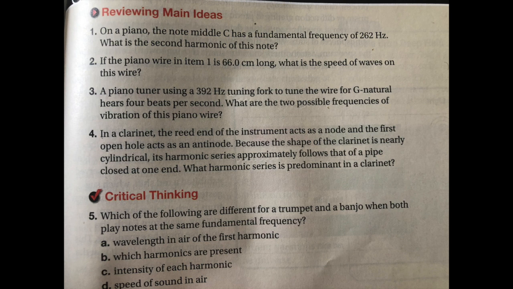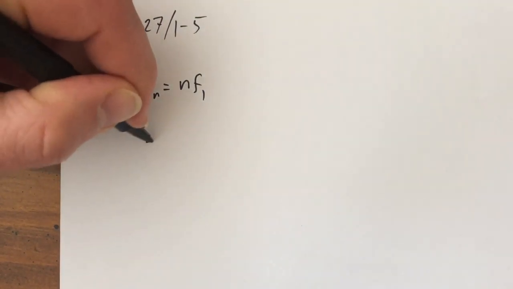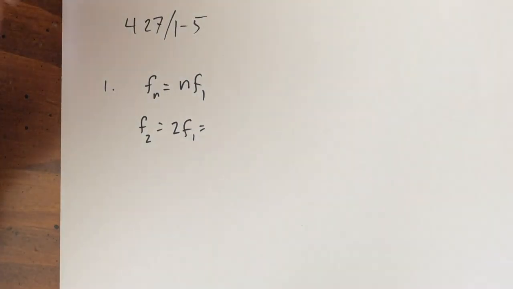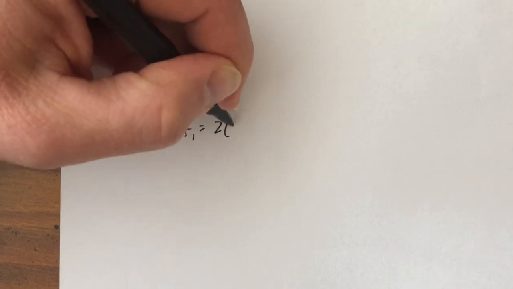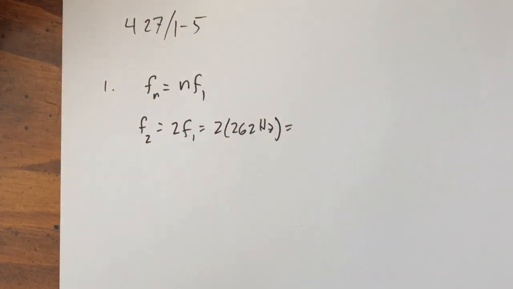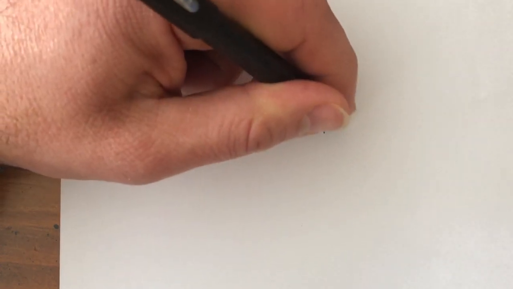So basically, you can find any harmonic just by multiplying that particular harmonic number times the fundamental. So if I want Fn, it equals n times F1. So if I want F2, that's the same as 2 times F1. F1 is given as 262, so 2 times 262, and that's going to be 524 hertz.